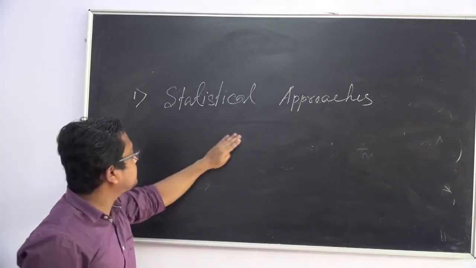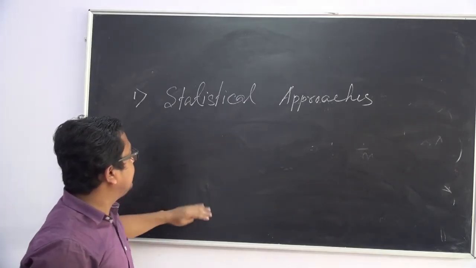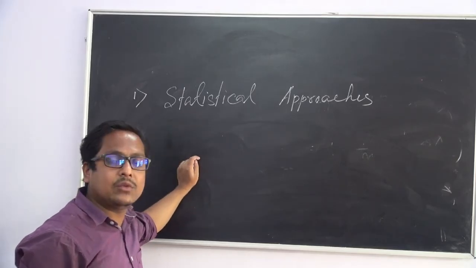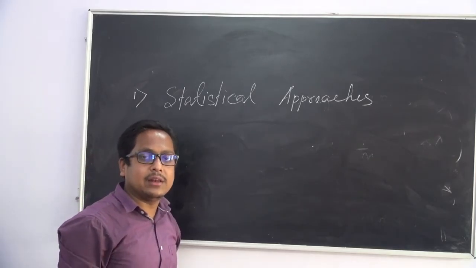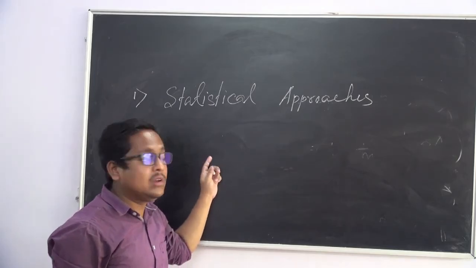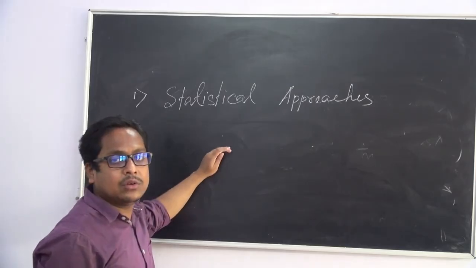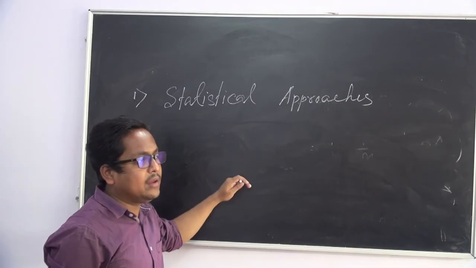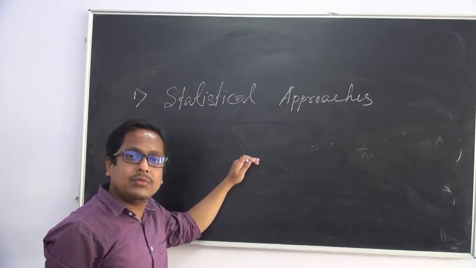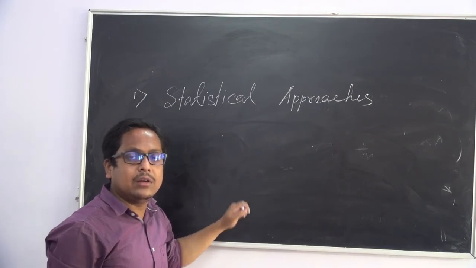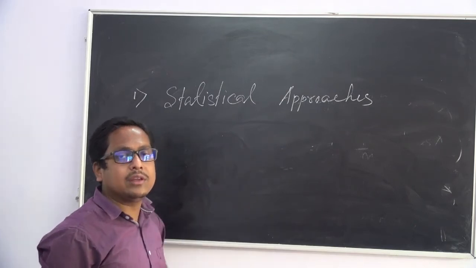Here the definition tells that if an experiment is conducted for a large number of trials, then the limiting value of the ratio of the number of occurrences of the event to the total number of trials is known as the probability of that event.